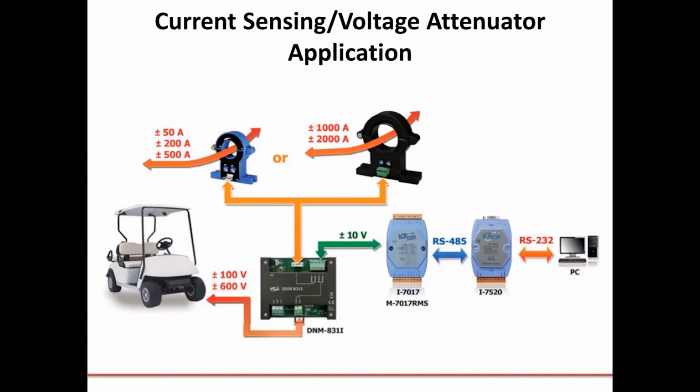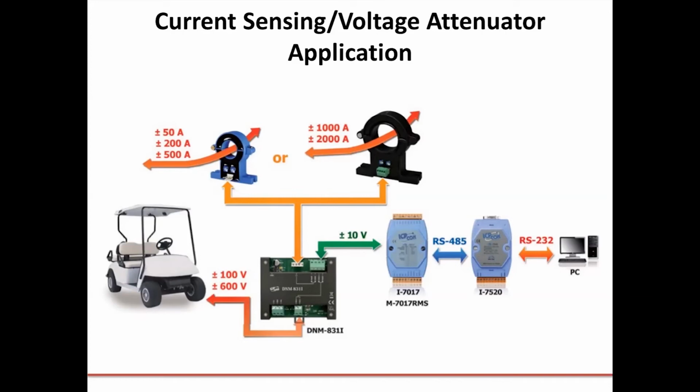It provides 3000 volt DC intramodule isolation and 3000 volt DC channel-to-channel isolation to avoid interference from inputs to outputs or from channel to channel. And it can be used along with analog input modules such as our I7017, I87017, M7017, etc. to measure high currents.